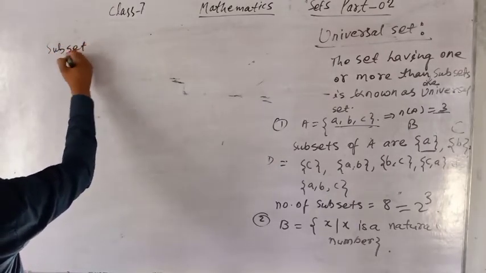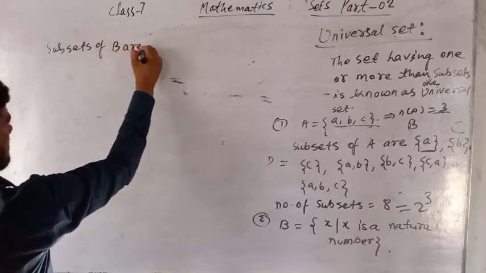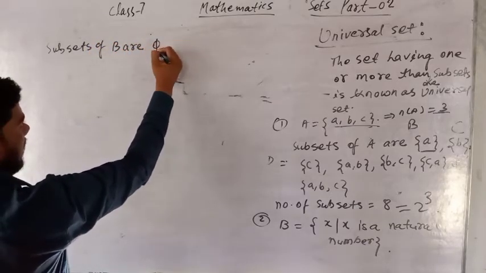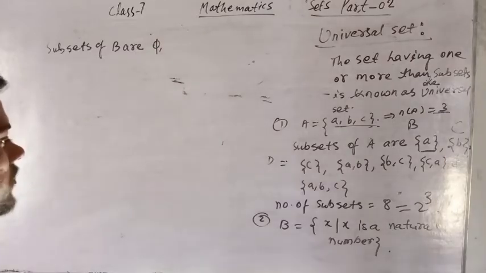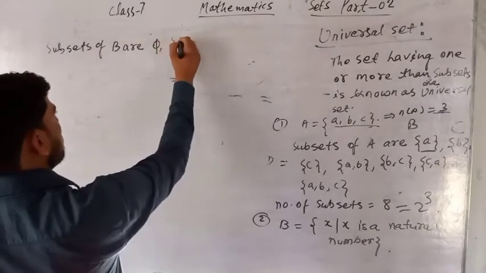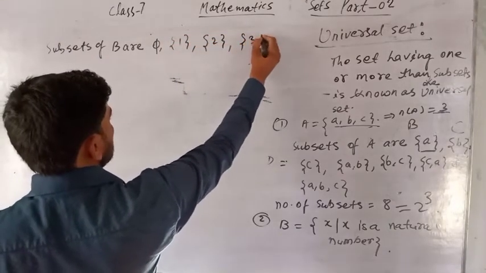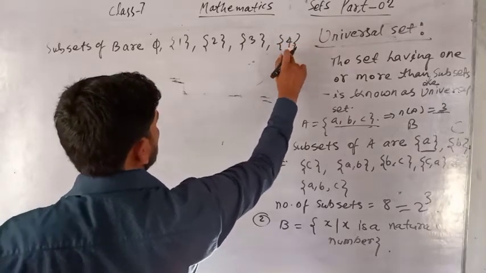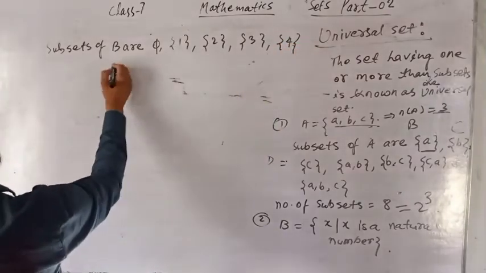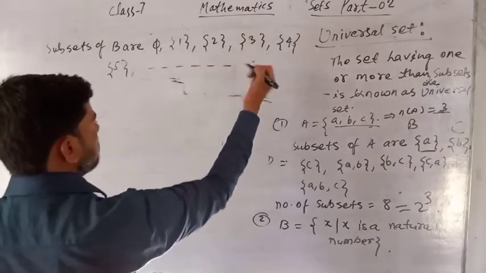Subsets of B are phi, {1}, {2}, {3}, {4}, {5}, dot dot.